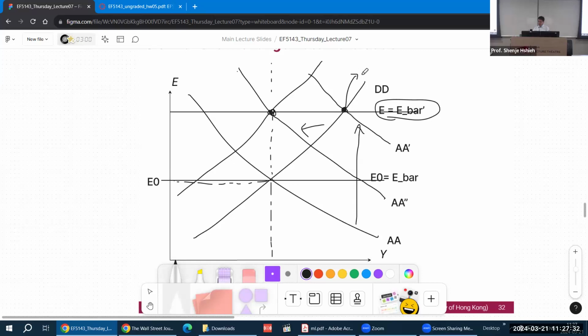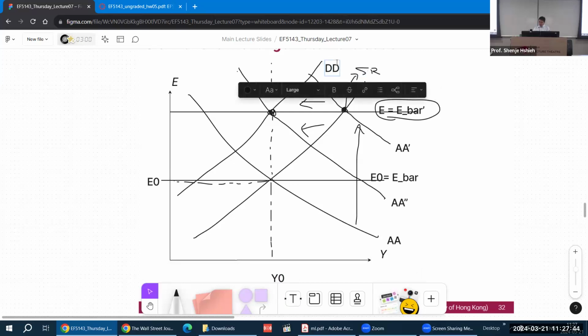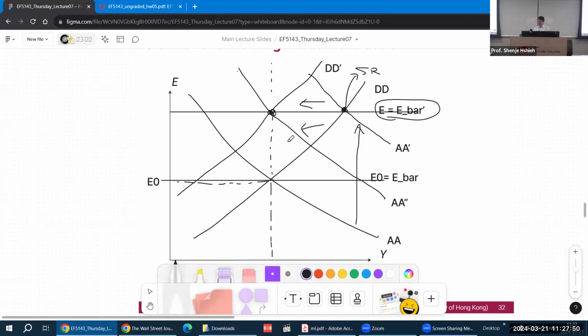So here it's the short run. After prices change, the DD curve shifts this way, but the central bank always has to maintain this peg forever. Otherwise, it's not called a peg. So this is the long run, if you believe the output effect is completely gone from exports.